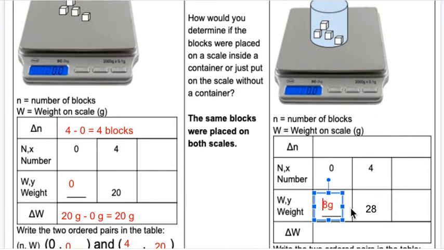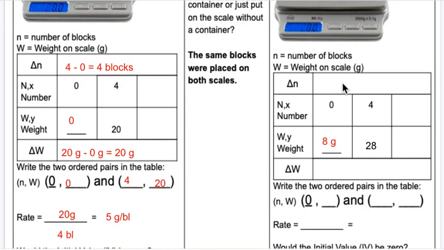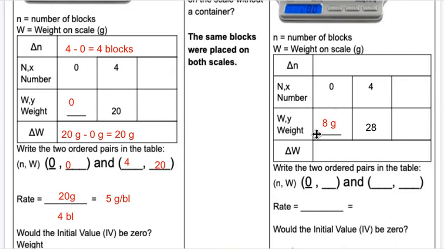Or it still reads 8 grams. You've got to think about where that 8 grams comes from. Right? Where does that 8 grams come from? So remember, I'd be removing 1, 2, 3, 4 blocks off. Okay? And remember that that is also your initial value. That's the weight before you have, or well, you can see right there, I have 0 blocks on the scale.